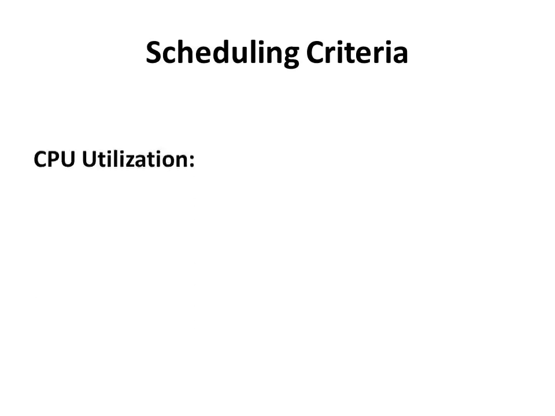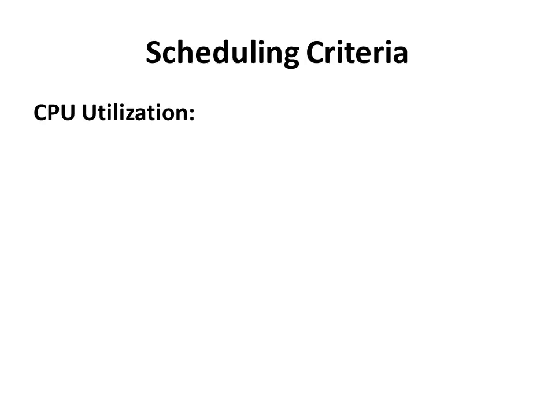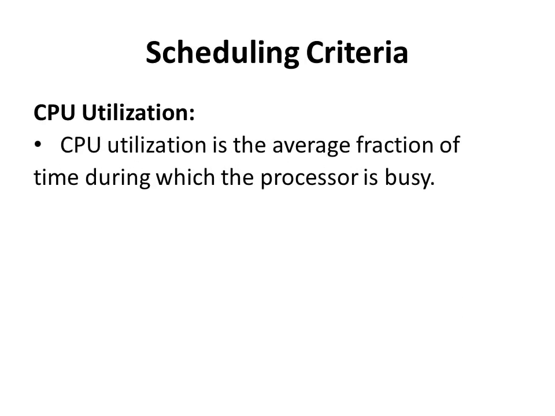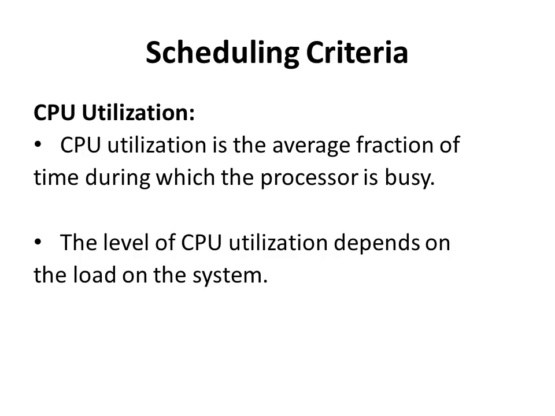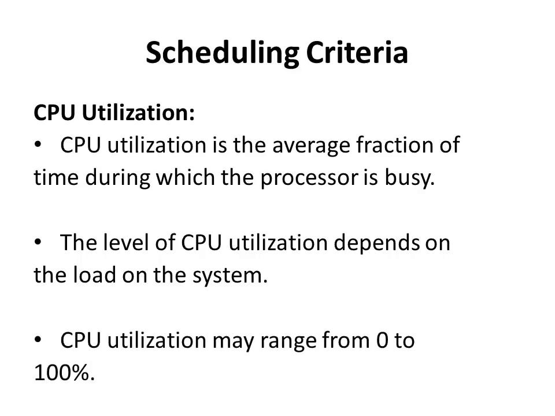CPU utilization. CPU utilization is the average fraction of time during which the processor is busy. The level of CPU utilization depends on the load on the system. And CPU utilization may range from 0 to 100%.